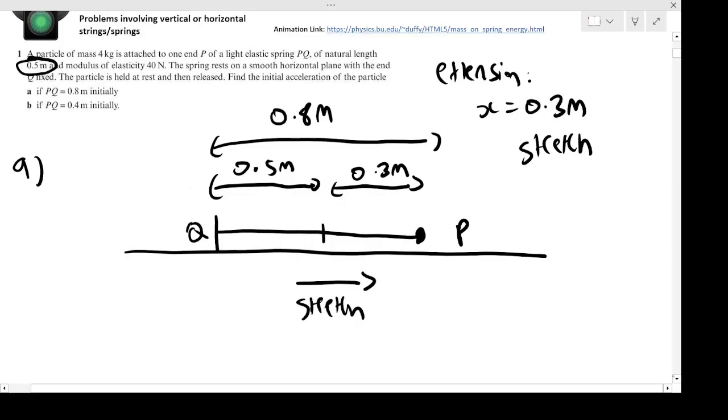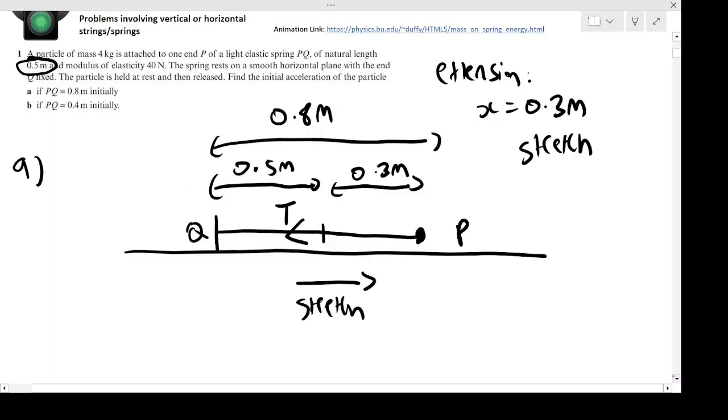So the force in the string has to act the other way to oppose the forward stretching. So the tension force acts backwards. Again, we went over how the forces work in the first part, so hopefully you are confident in that. If you need a recap, I'd advise watching that.